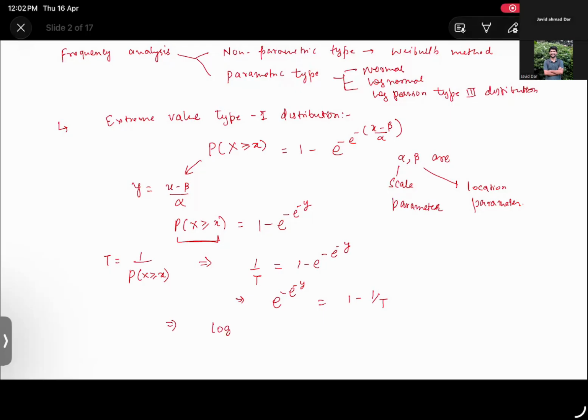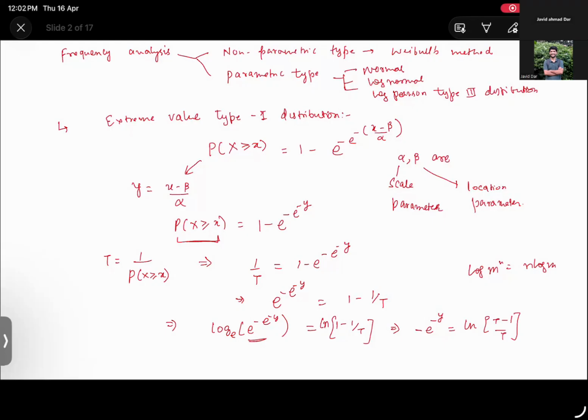So this will be ln of e to the power minus e to the power minus y, which will be equal to ln of (1 minus 1 by T). You can say ln, not log to the base 10. And this quantity will reduce, since log of m to the power n is n log m. So this will become minus e raised to minus y equal to ln of (T minus 1) divided by T.